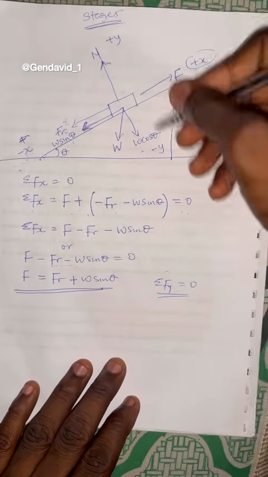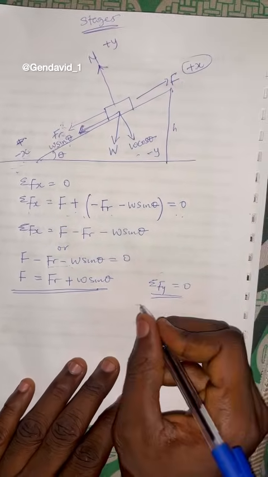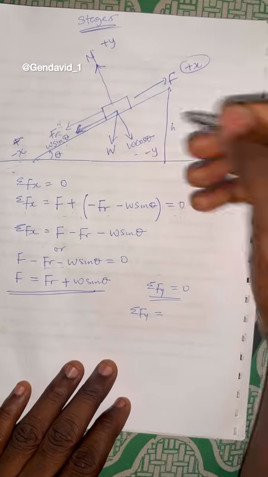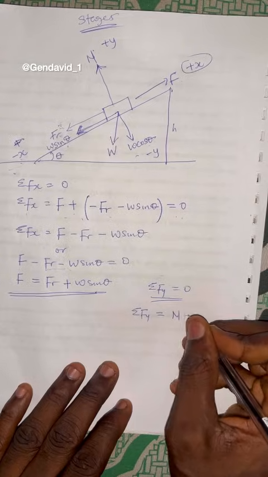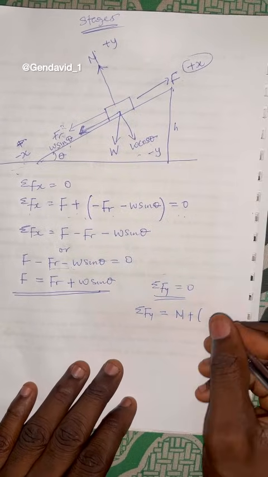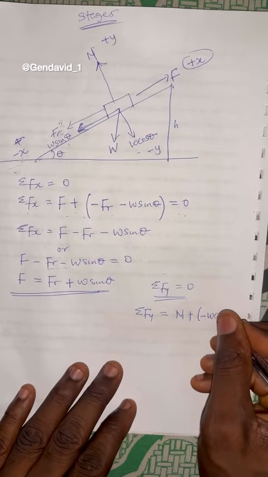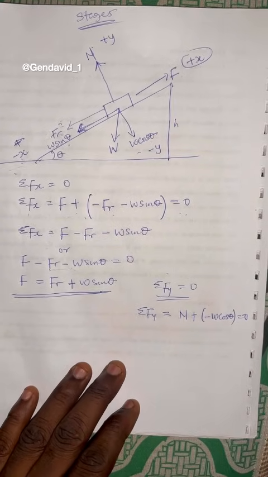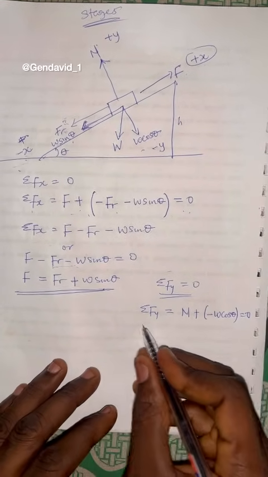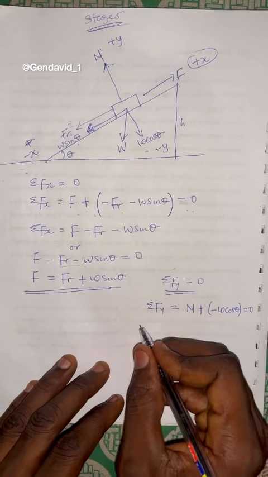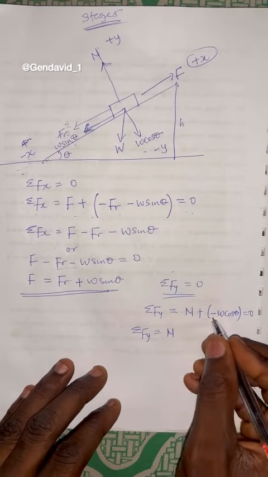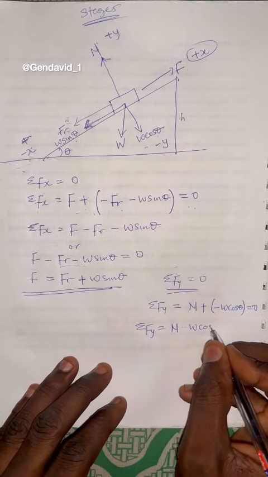Now these are the two vertical. We only have 2 for the vertical. So that means summation Fy, this one is going towards positive, this one is going towards negative. So we have N, then plus, this one that is going towards negative, we take minus. So that's minus W cos theta, which everything equals 0. So since everything equals 0, I can say that this one is equal to this, so I have summation Fy equal to N, open this, that's minus W cos theta.